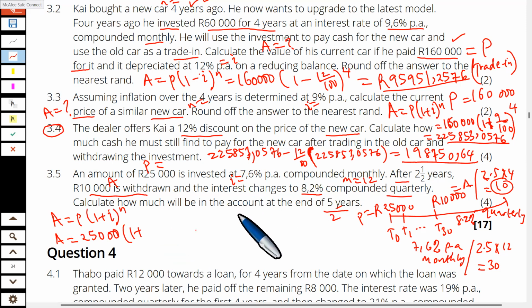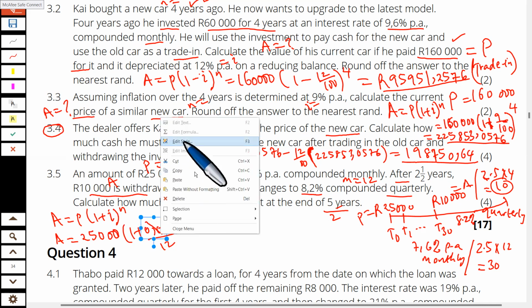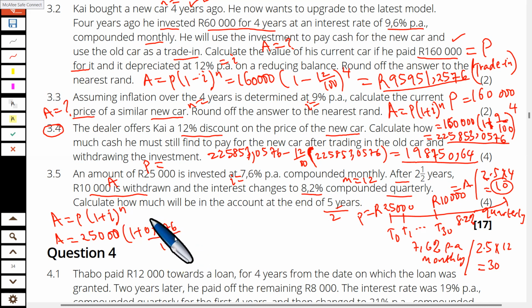So the 7.6% you divide by 100, which is 0.076. It's compounded monthly. I said we need to divide by 100 always, so you can just consider dividing by 100 always.